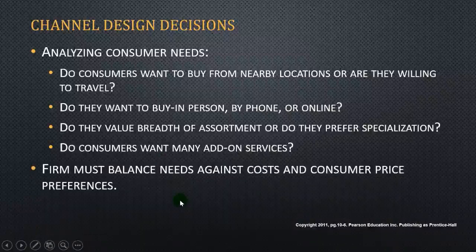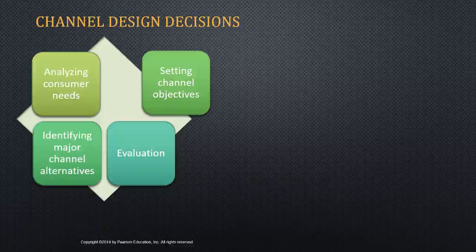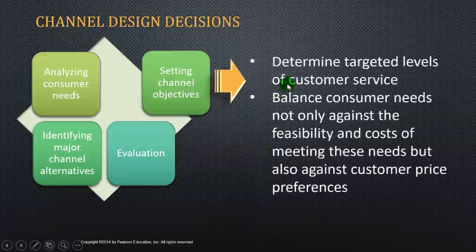And the firm must balance needs against cost and consumer price preferences. The next one, we have setting channel objectives. It means that we need to determine targeted levels of customer service and balance consumer needs not only against the feasibility and costs of meeting these needs, but also against customer price preferences.